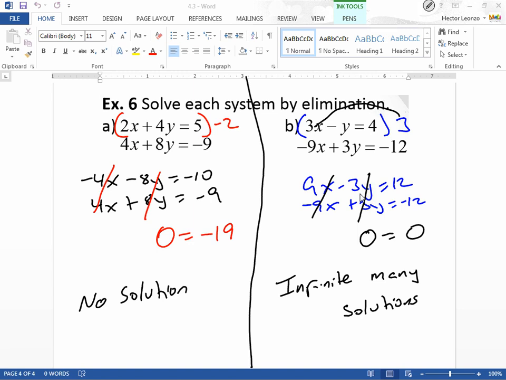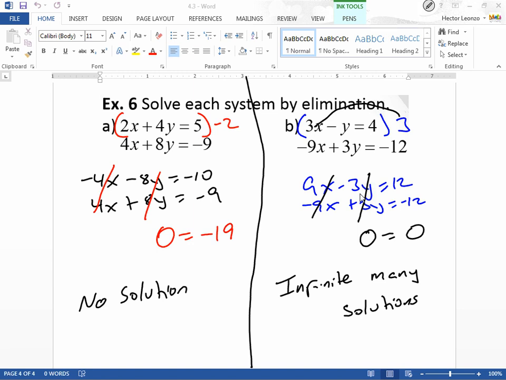What I do suggest from these three sections, 4.1, 4.2, 4.3, is that you become very, very good at one of the three cases. Once again, graphing, substitution, or elimination. You become very good at one of them. And if I ask you to solve this by whatever rule, let's say you are good at elimination, but I ask you to solve it by substitution.